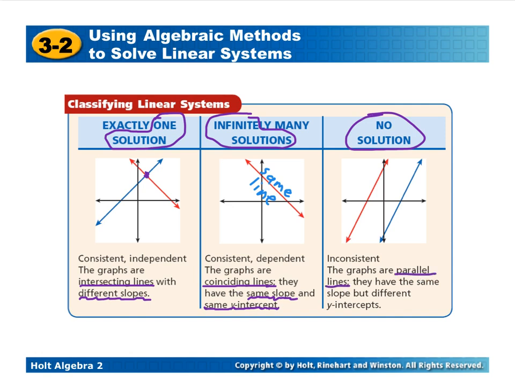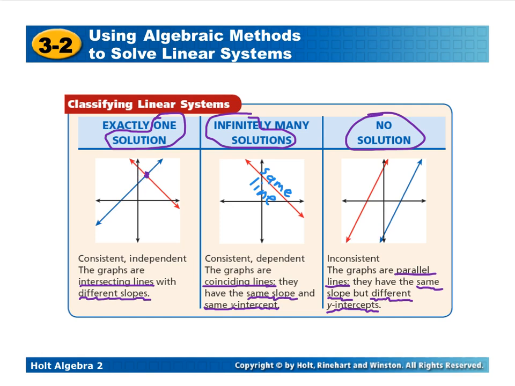Parallel lines, remember, have the same slope but different y-intercepts. When we have parallel lines, then we end up with no solution because they never cross. Therefore, there is no x and y that makes this and this the same, unlike our exactly one solution.